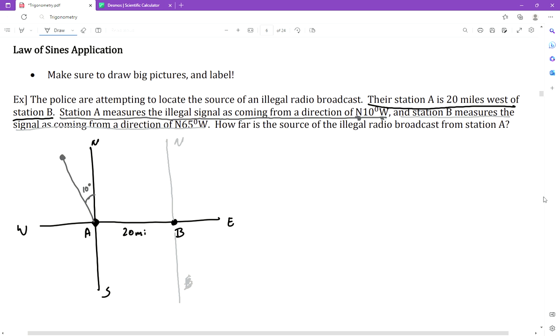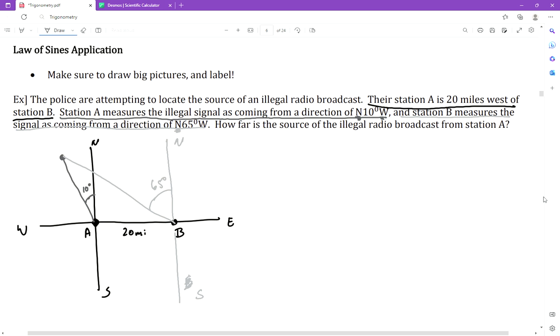North, east, south, west. There we go. So I'm just drawing another one in so that I can measure this. So start on the north, go 65 degrees toward the west. And then it should hit the same dot that I did for the first one. But let's at least label. There we go, and there's 65. Okay, so we've got it.